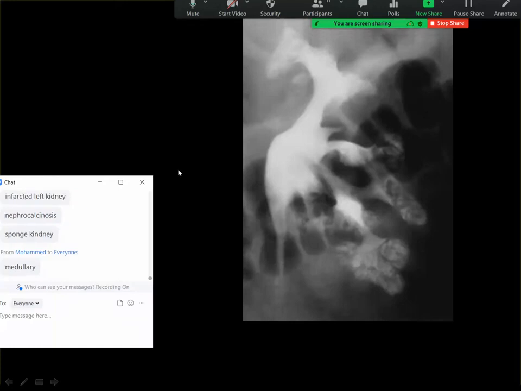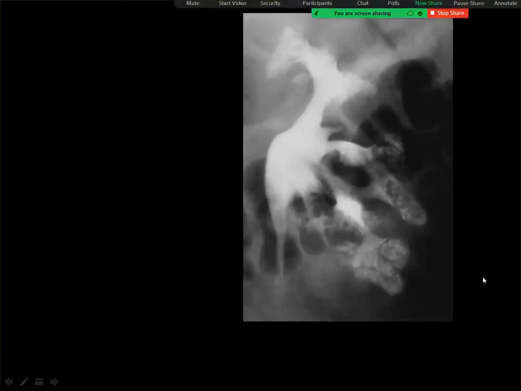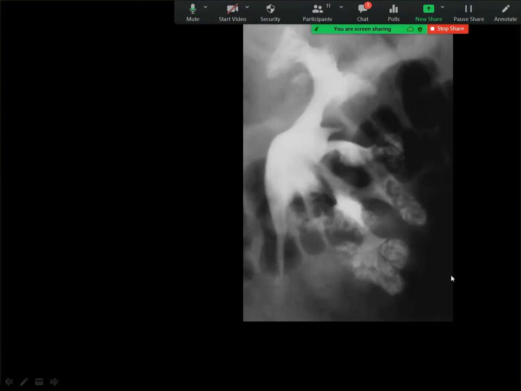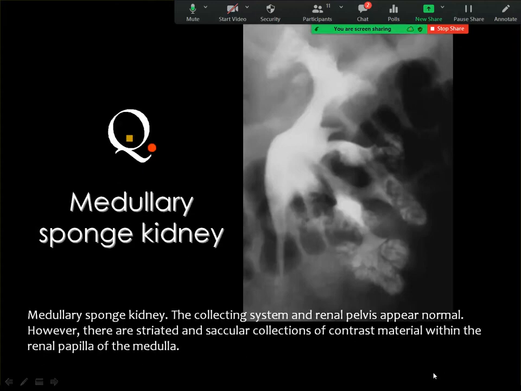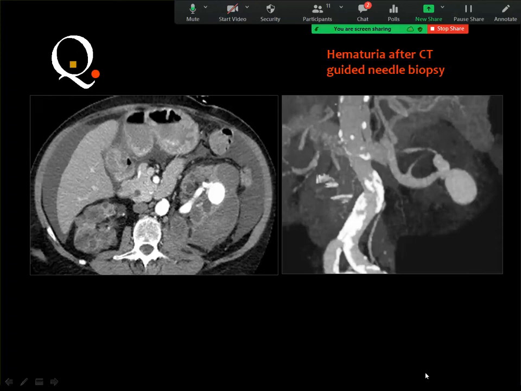Yes, and this is a medullary sponge kidney. You got the classic calcification within the renal pyramids, which is similar to the brush, with maintained function of the kidney. And this is a classic appearance of the medullary sponge kidney.